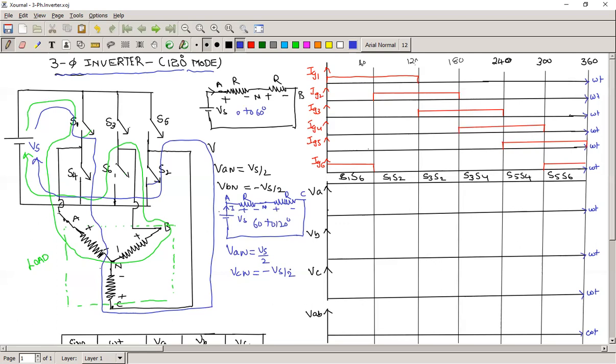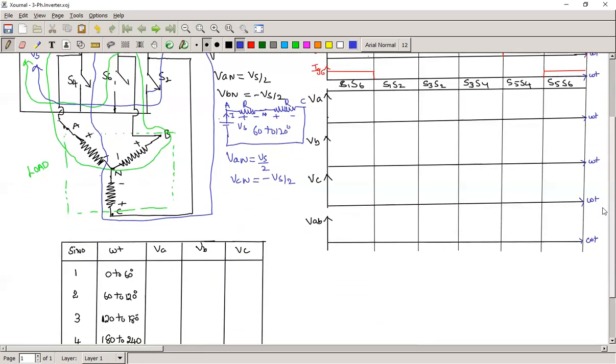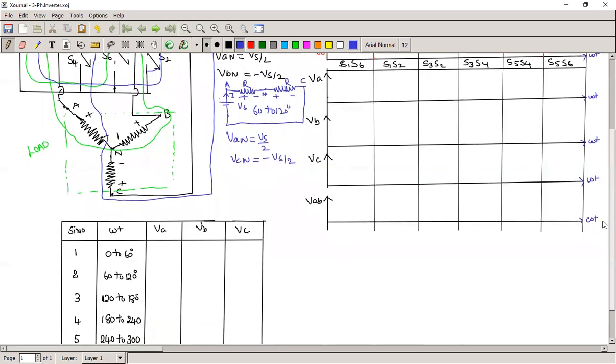So if S3, S2 is conducting, current is entering into the B phase and S2 is closed, so the current is leaving from the C phase. So the B phase is getting the positive voltage, whereas the C phase is getting the negative voltage.